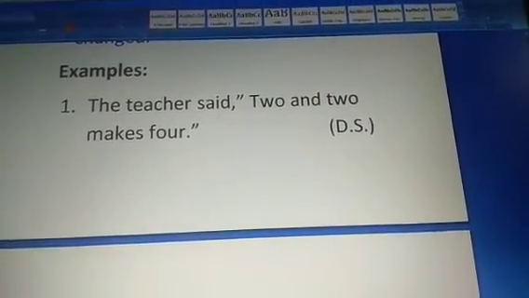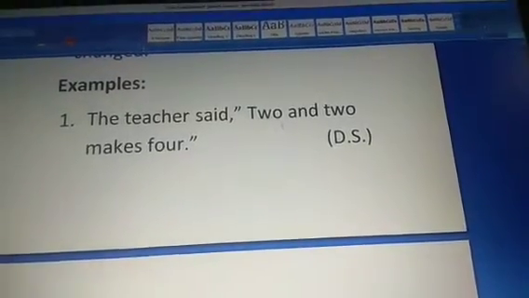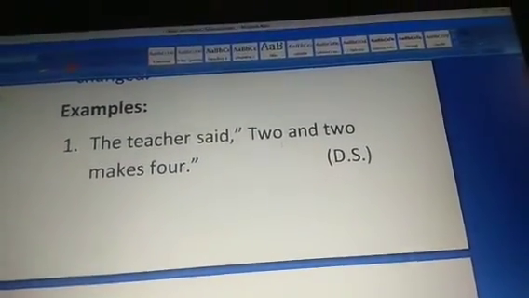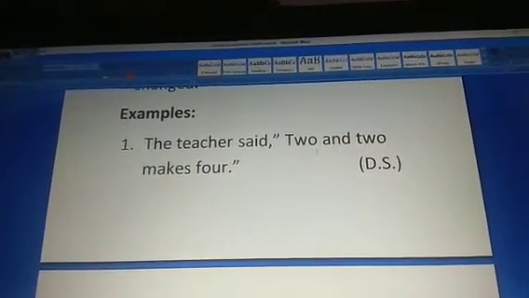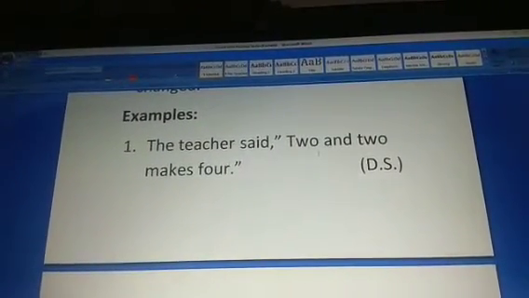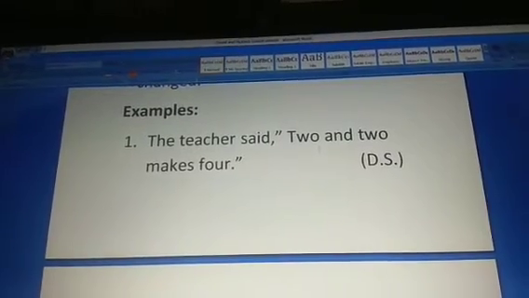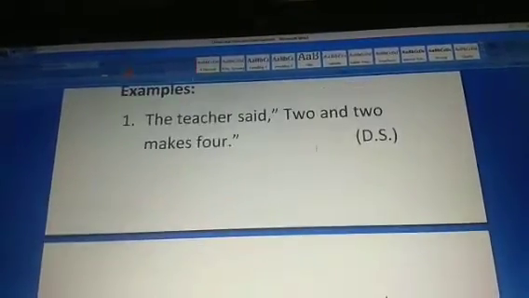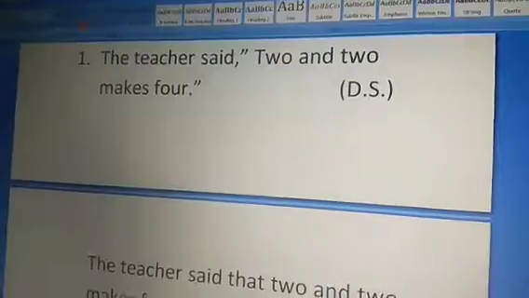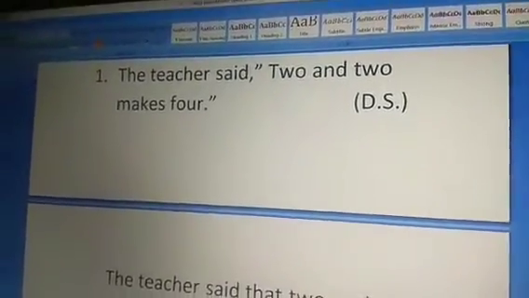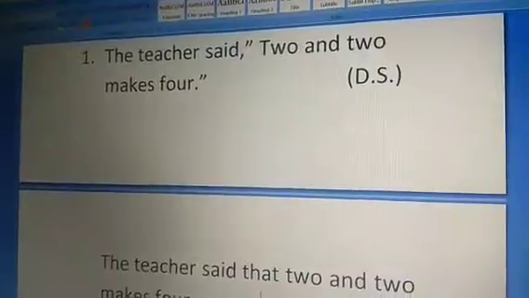And this reported speech is related to arithmetical truth. And obviously, as we know, arithmetical truth cannot be altered. So obviously, the reported speech will have to be kept as it is. And when this direct speech is changed into indirect one, it goes like, the teacher said that 2 and 2 makes 4. And this one is indirect speech.